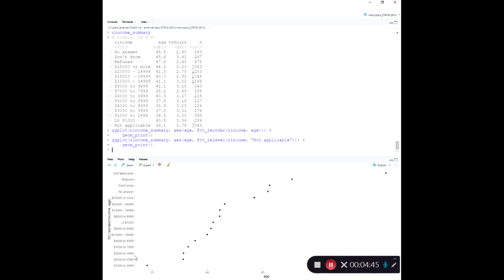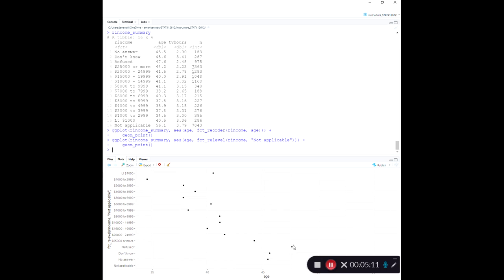Then I want to have it increasing in income, not scattered all over the place. So that's why this reorder didn't work out so well versus this one, where I have just releveled and put the not applicable at the first with the other non-answers. Then everything else is in order, still keeping the same order of the income levels, okay?